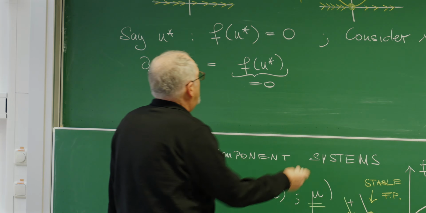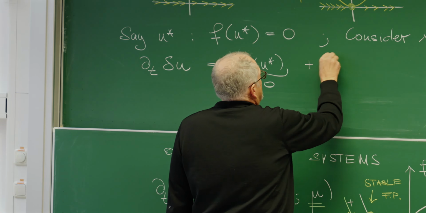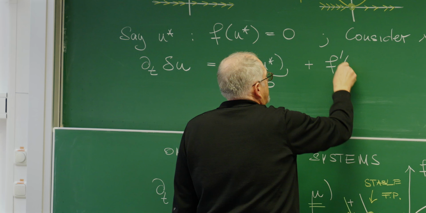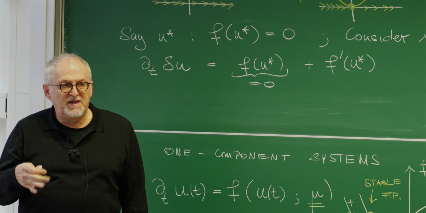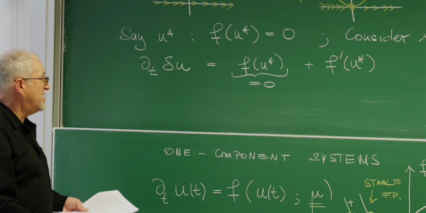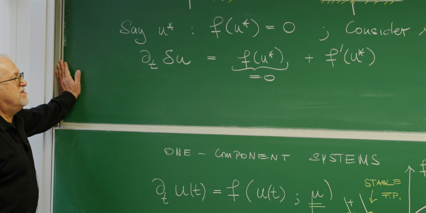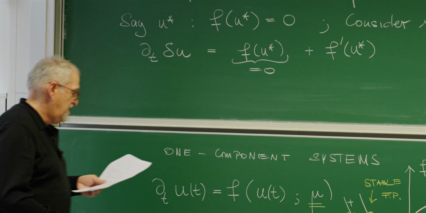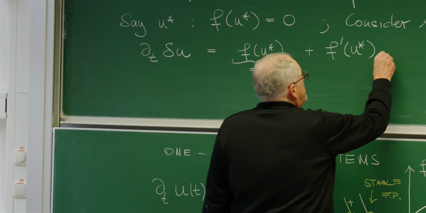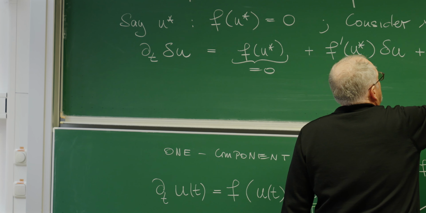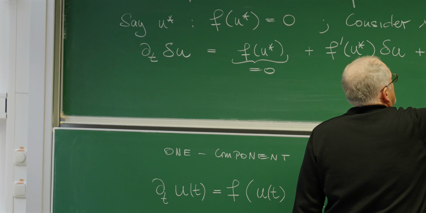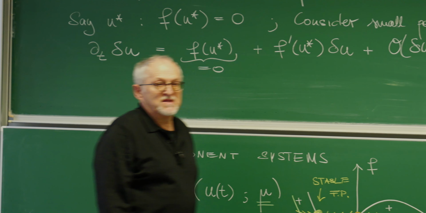So the slope of my function f, so plus f prime, that's how I would like to denote it. So a prime indicates derivative with respect to the argument, which is the dynamic variable. That's u in our case. f prime of u star times delta u. And then you have terms which are of higher order, and they will be of order delta u squared.